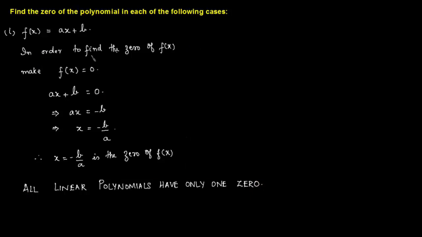Now, let us do one more problem in finding out the 0 of a linear polynomial. F of x is equal to 3x minus root 2. So, similarly, as in this problem, in order to find the 0 of f of x, you will make f of x equal to 0.